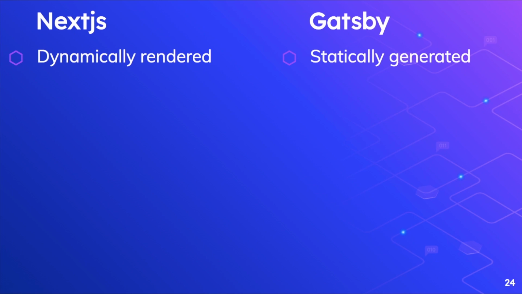So this tells us how to decide between Next.js and Gatsby. Well, if you're going to have data that is constantly changing, then probably Next.js will be a good option. However, if you're not going to update your data very frequently, for example a portfolio site which we generally don't update very often, Gatsby will be a good option.